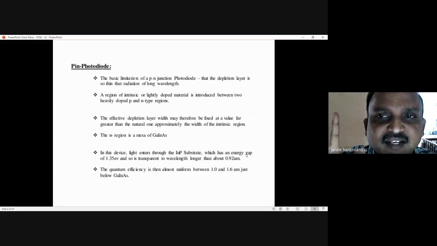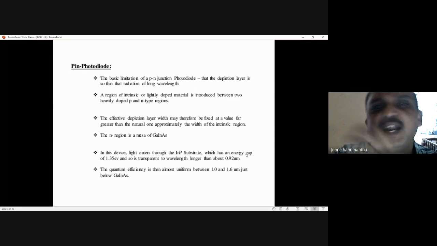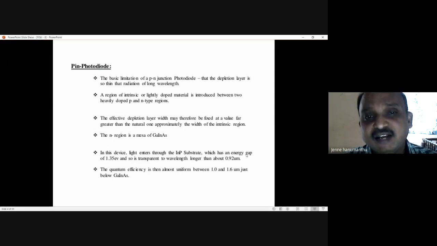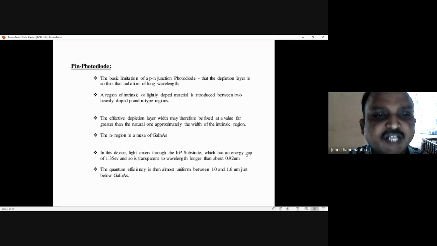In the case of a light source like an LED or laser, it converts the input, I mean electrical, into a light signal. But the photodetector converts the light signal into electrical. These are the differences between light sources and light detectors. We have two light detectors, the PIN diode and the avalanche photodetector.